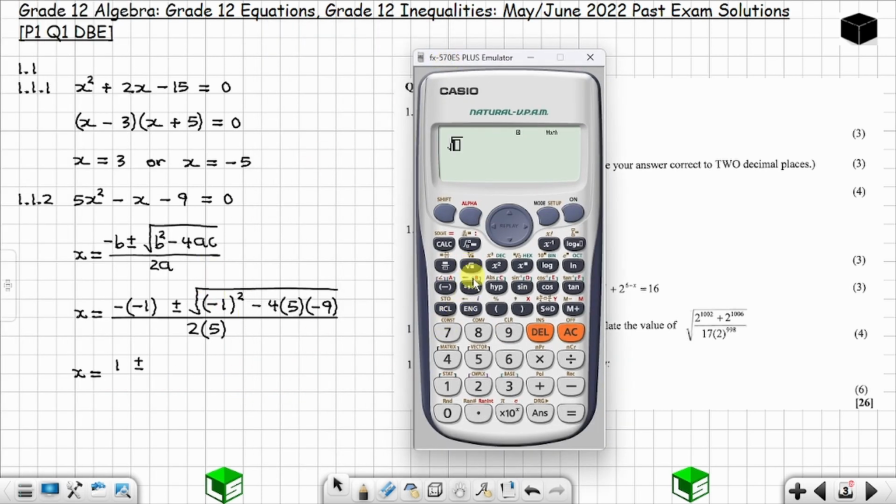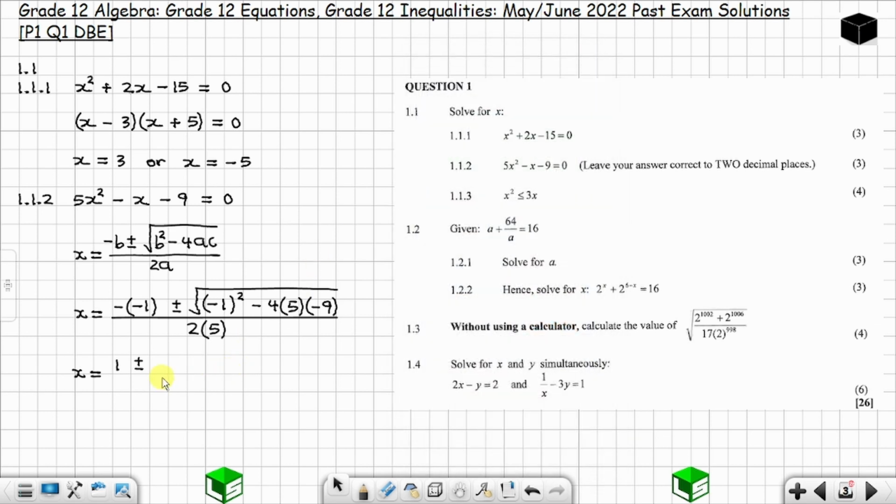You have the square root of negative 1 squared minus 4 times 5 times negative 9, which is equal to the square root of 181. So this is the square root of 181 over 2 times 5, which is 10. And you carry on.